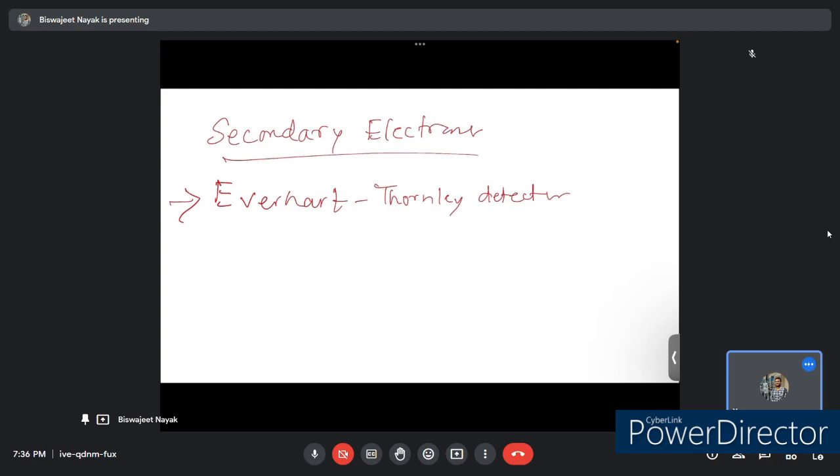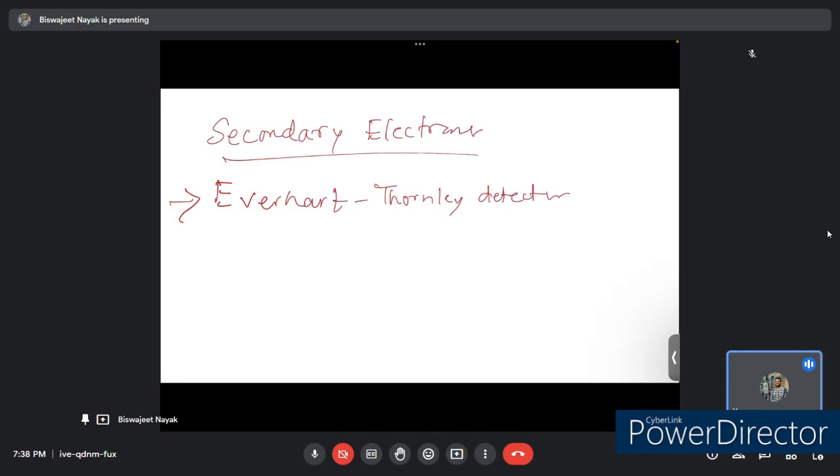So what it does is, whatever secondary electrons are coming, they increase the kinetic energy of low-lying electrons to a sufficient energy level so that they can penetrate through a thin metallic layer that is applied to discharge insulating scintillators.